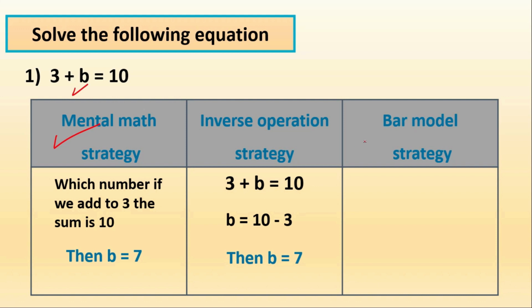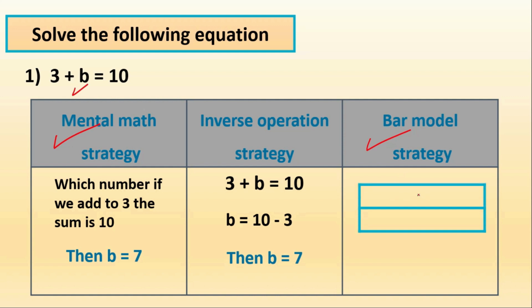Now we're going to talk about the most interesting and simple strategy, the bar model strategy. Draw a bar model that has two equal parts, one of them split into two equal parts. So we have three parts: the greater part and two smaller parts. Look at the equation 3 plus b equals 10. 10 must be greater than 3 and b.